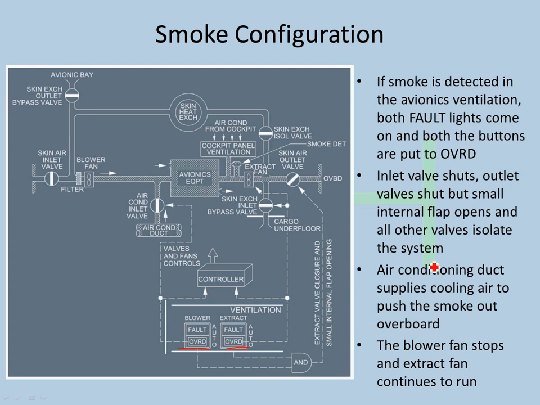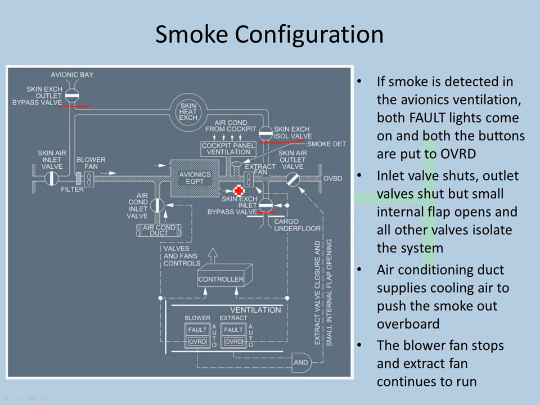Once you do that, the inlet valve shuts here, and the skin outlet valve also. The extract valve closes, but there is a small internal flap that opens halfway. All other valves isolate the system. As you can see, this is shut, this is shut, this is shut. Why?